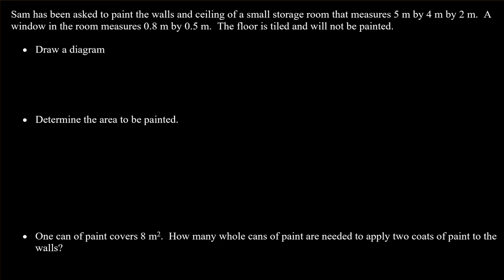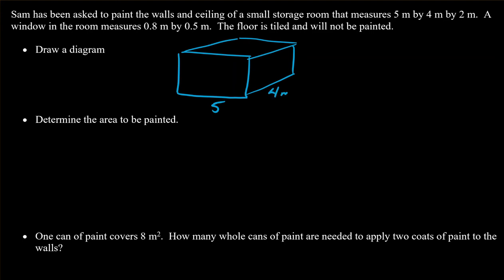Okay. So we've got a room. This is our room. It's 5 by 4 meters and it's 2 meters tall. We're not going to be painting the floor, so we don't really care about the floor.